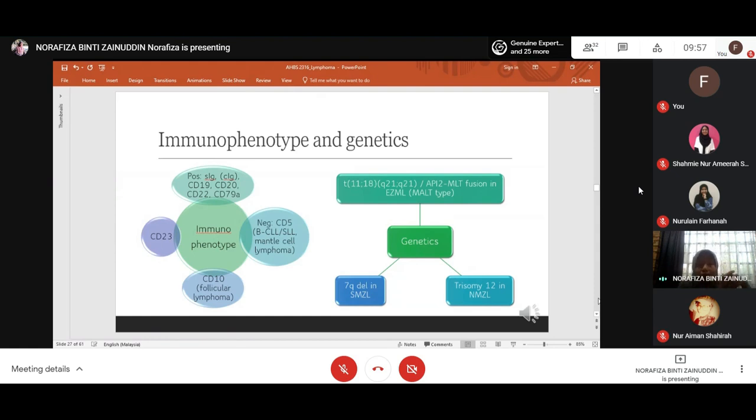Okay, so patients are also present with trisomy 12 in NMZL and 7q deletion in SMZL. For EMZL, the patients have a translocation of chromosomes 11 and also 18. So you only have to remember all these three subtypes and also the genetics of it.